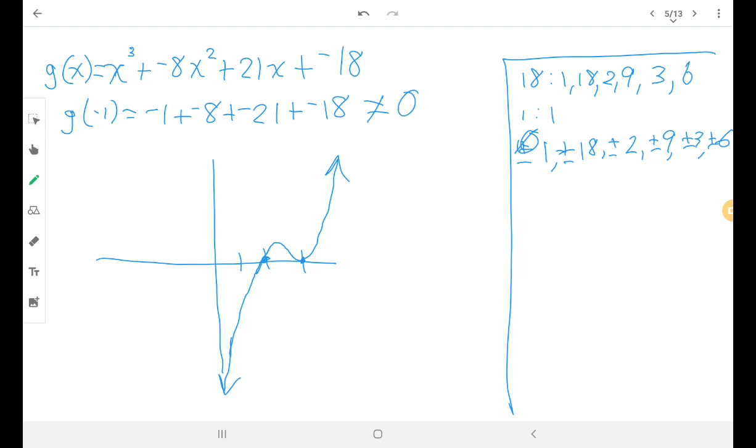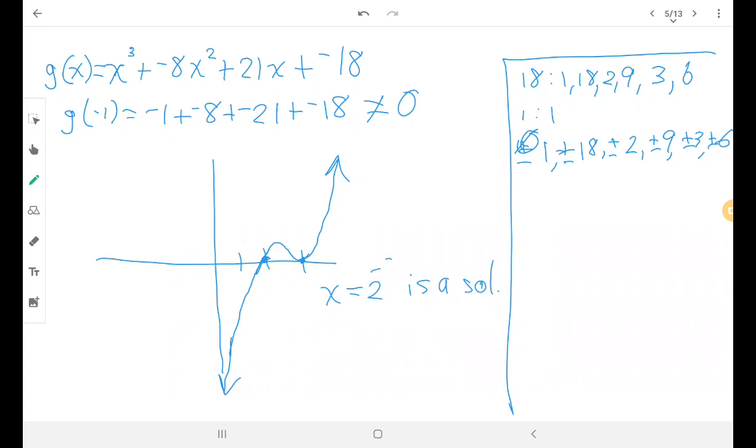With an x-intercept at x equals 2 and another x-intercept at x equals 3. So I can just take one of those. Let's say, so now I know that x equals 2 is a solution. Okay?